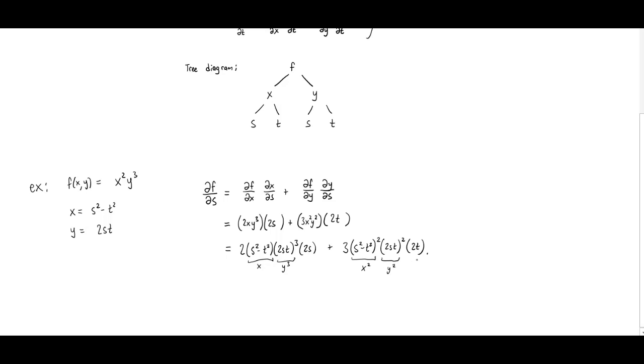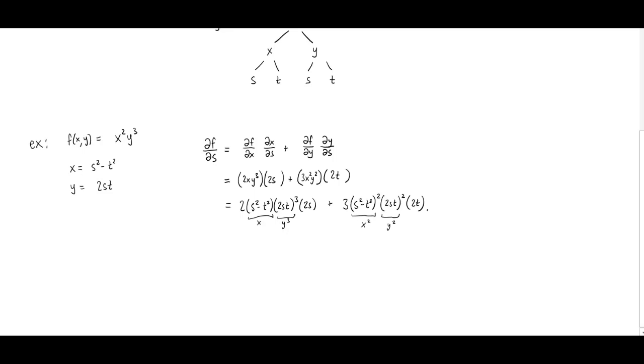So it's just like plugging in. Yeah, plugging it in, that's right, yeah, okay. All right, so then let's just also compute the partial f with respect to t, in this example. You could simplify this, but of course, I'm not going to. I just wanted to illustrate the chain rule, all right?